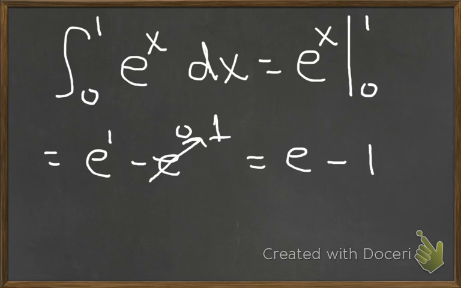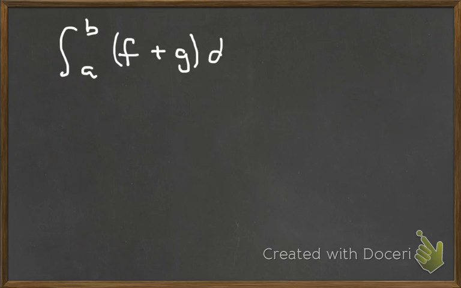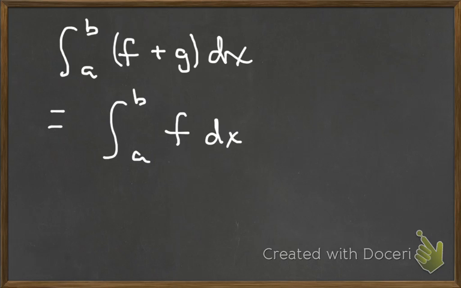Now there are a couple of very useful properties for definite integrals and all integrals in general. The integral from a to b of f plus g dx is equal to the integral from a to b of f dx plus the integral from a to b of g dx.